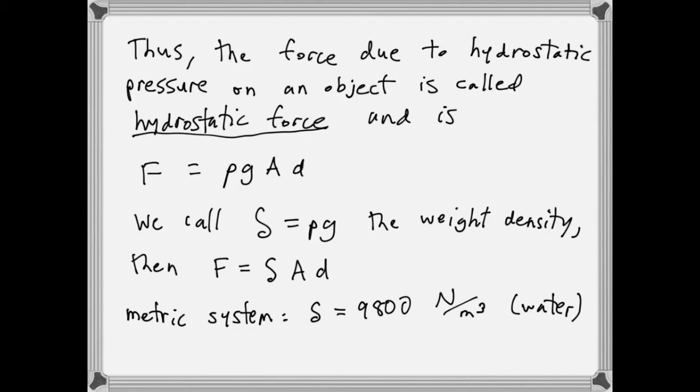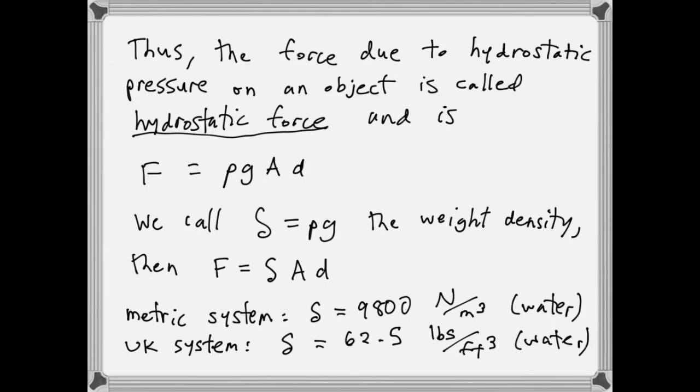And for the UK system, delta is equal to 62.5 pounds per cubic foot. And again, this is for water. You do not need to memorize these. These values will be given to you on an exam, okay?